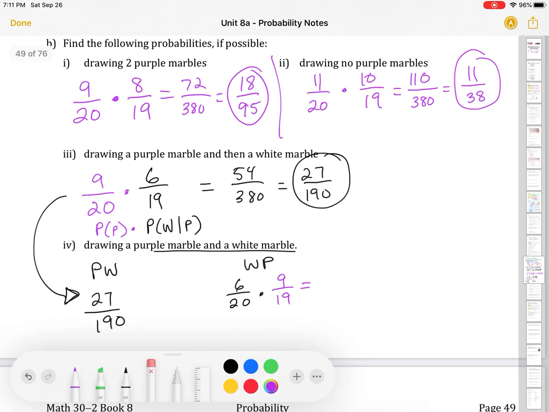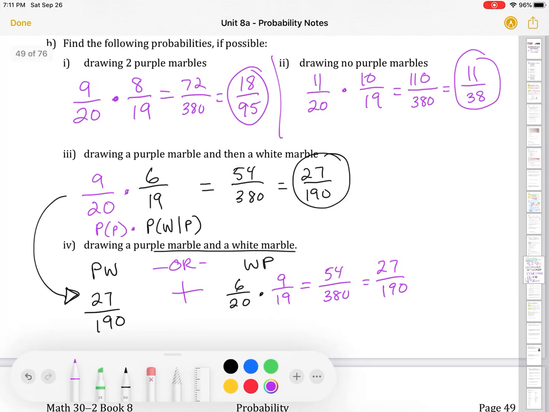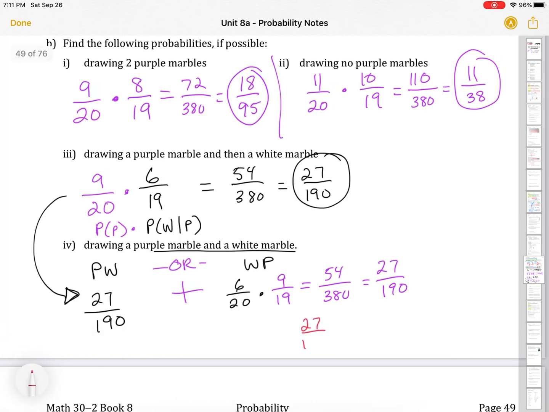If we multiply those through, 6 times 9, I get 54 out of 380, which reduces to 27 over 190, right?